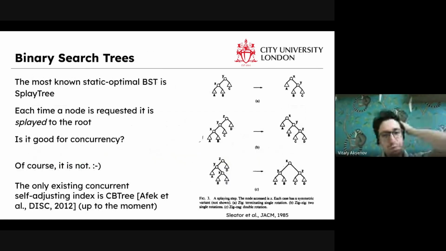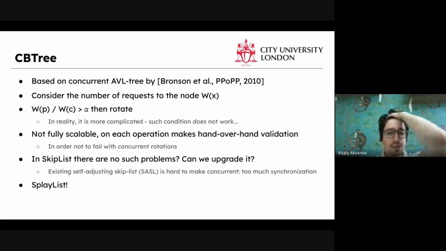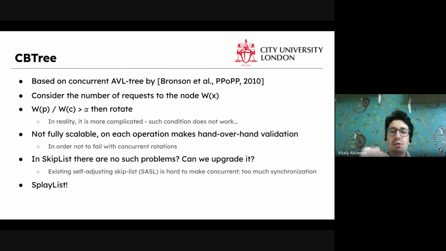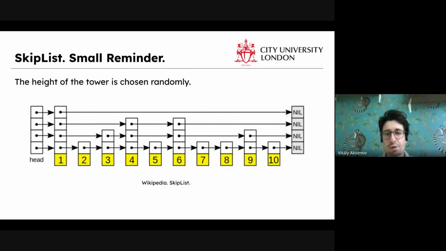There is a self-adjusting skip list, but it is very hard to make concurrent because it requires too much synchronization, due to the problem that it's split into several separate data structures, which are very hard to synchronize properly. This is also almost the case for most self-adjusting, static optimal and dynamic optimal data structures: they work in several parts.